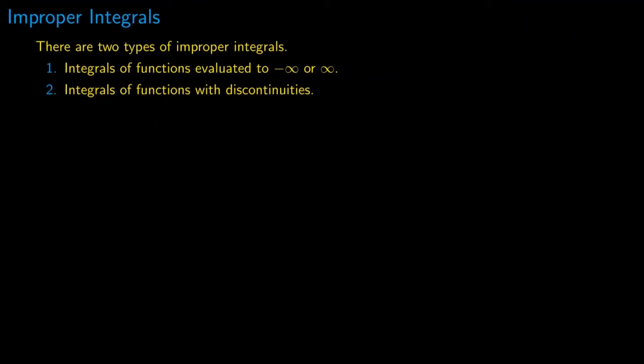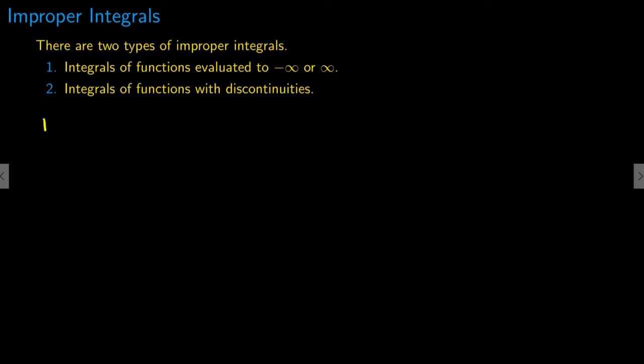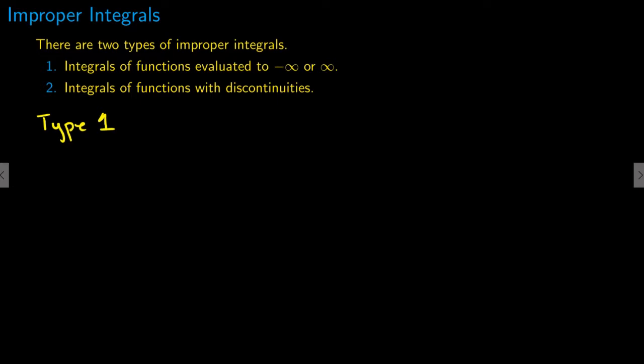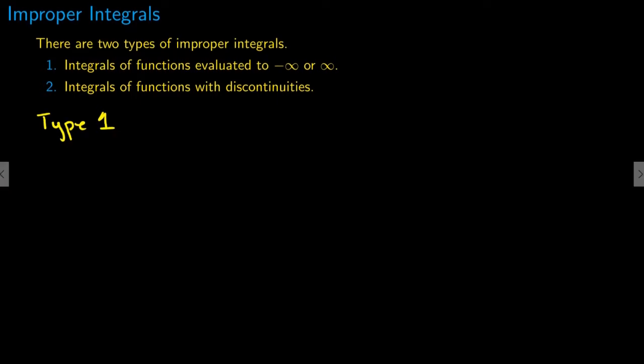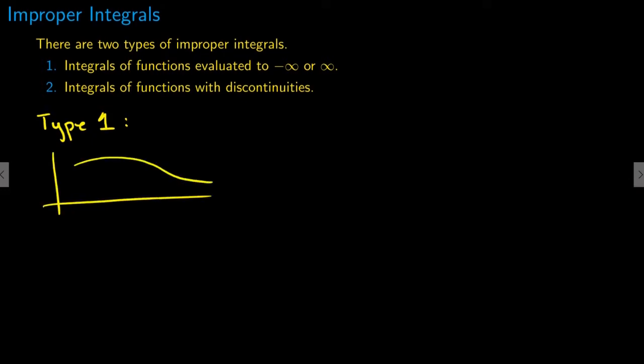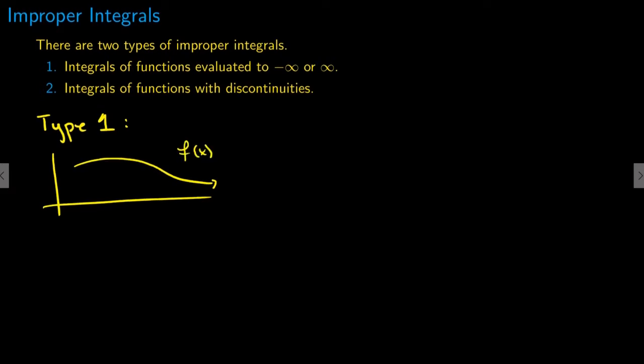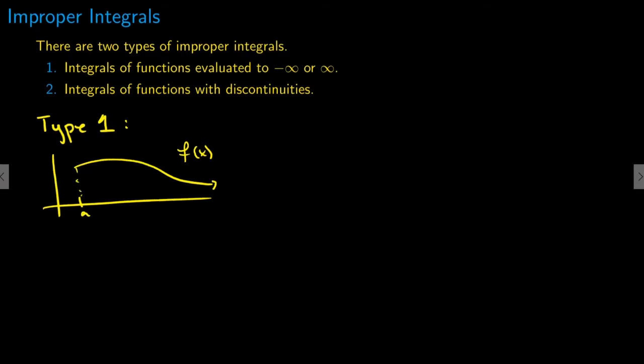So there are two types of improper integrals. The type 1 improper integrals are integrals of functions evaluated to negative infinity or positive infinity. And so these might look like some function f of x which goes out to infinity, and we want to calculate the area under the curve starting at some value a and going all the way out to positive infinity for the x value.